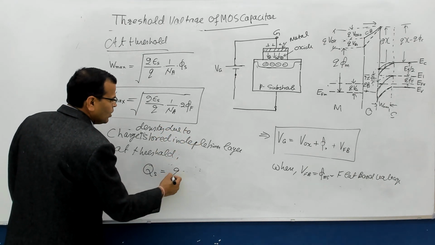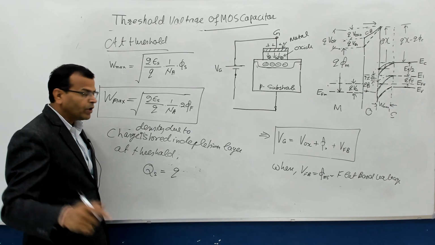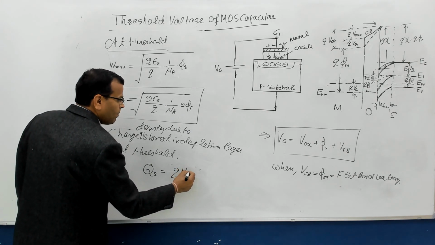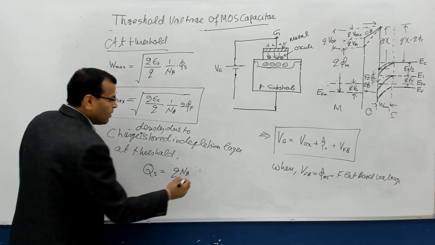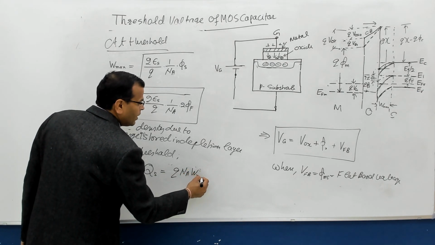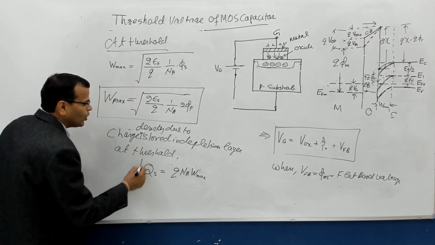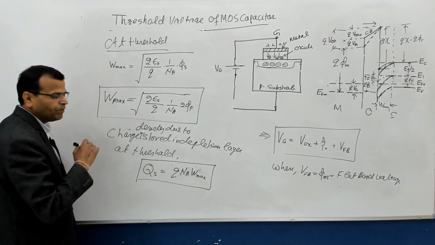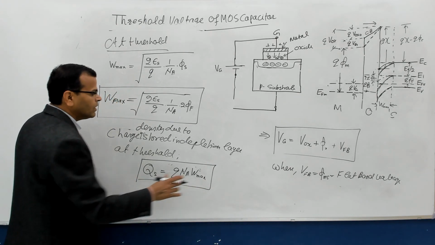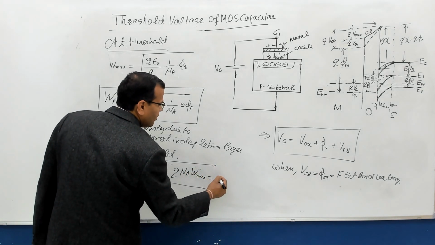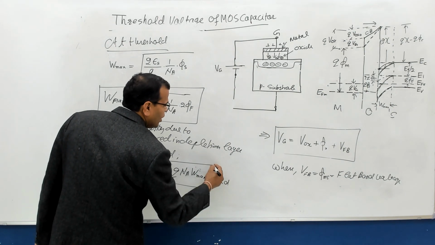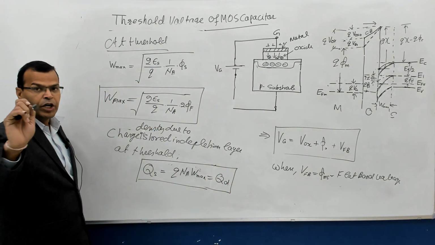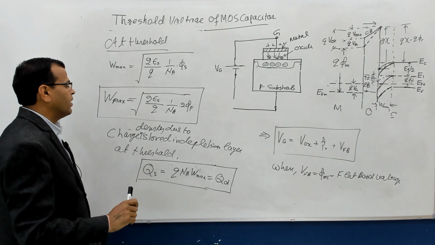That is equal to the charge of each impurity multiplied by the concentration of impurity multiplied by the width of the depletion layer, and at threshold that is maximum, right? Sometimes I'll be denoting it by QD. QD stands for the charge in the depletion layer, right?